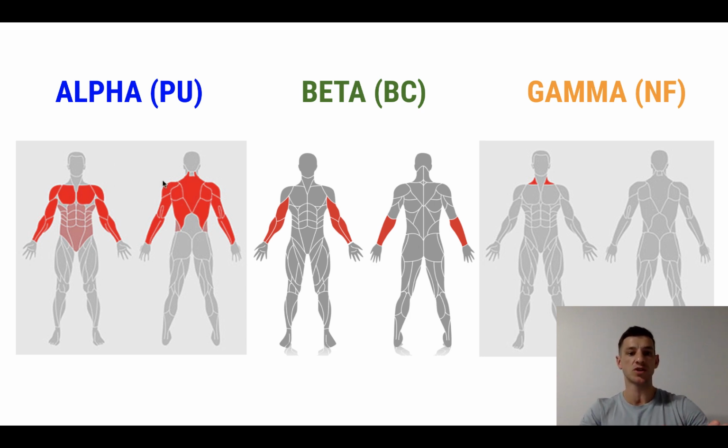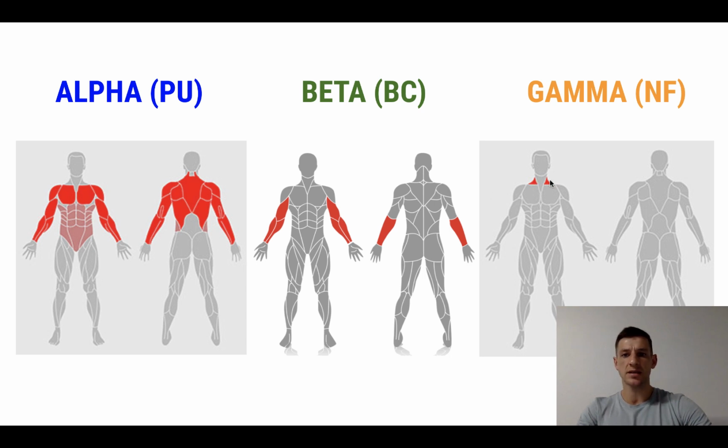So if I was to do a pull-up, you can see mainly I'm targeting my back, my chest is a little bit involved, shoulders are involved, my upper limbs are involved. Okay, so it's an entire upper body movement. Beta exercise, you can see this would be if I were to do, for example, a bicep curl. You can see then mostly I'm only working my biceps and my forearms.